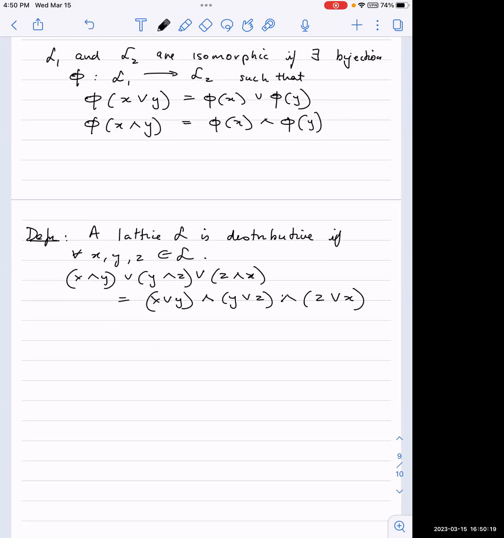And L is, in this approach, modular if for every X, Y in L, Z is less than X implies X and Y or Z is equal to X and Y or Z, just like associative property.